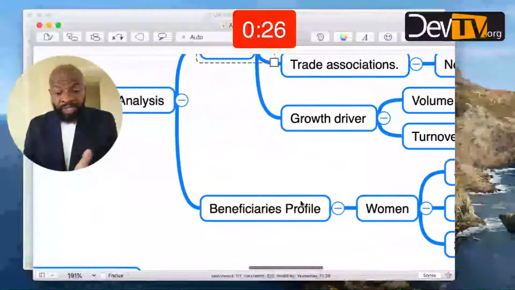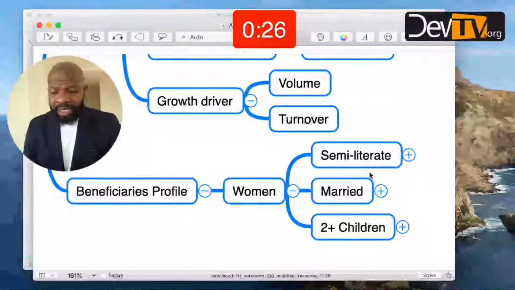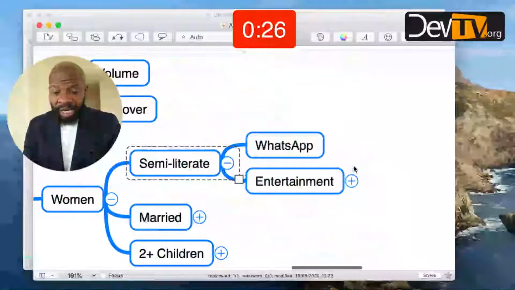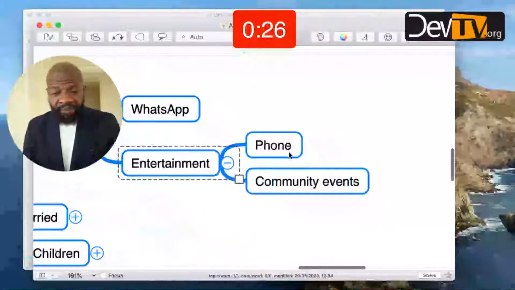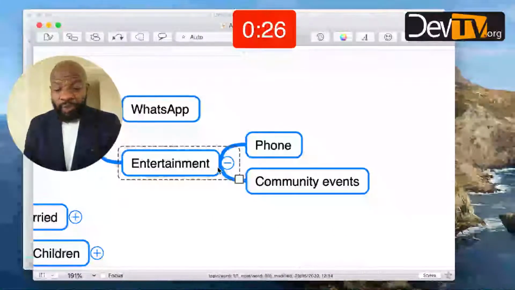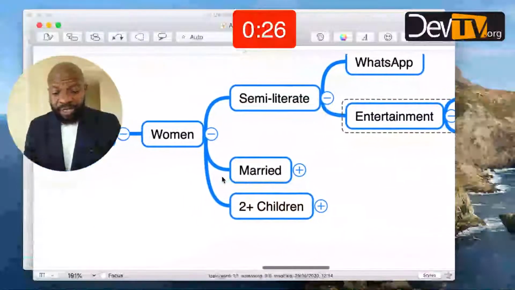The beneficiaries profile themselves: women, semi-literate. They use WhatsApp for communication. How do they get their entertainment? They get entertainment through phone and community events, physical community.